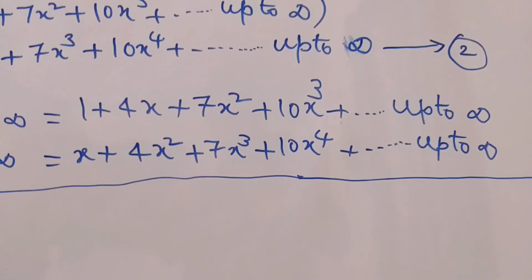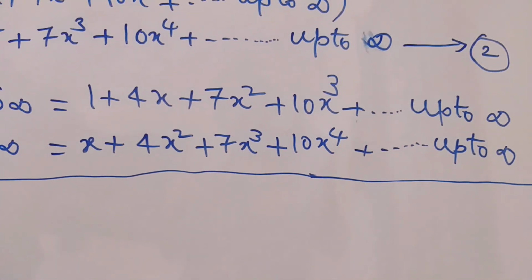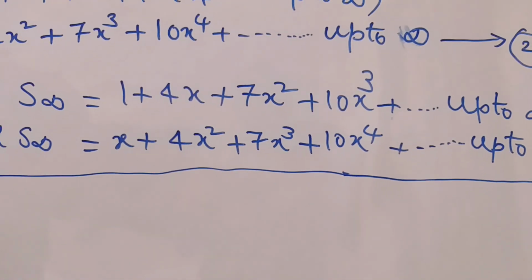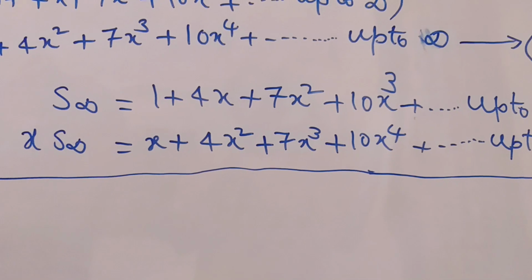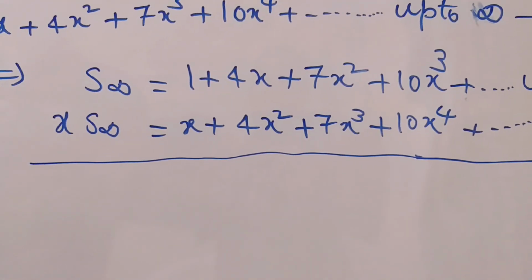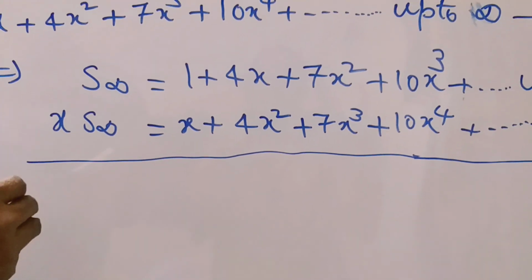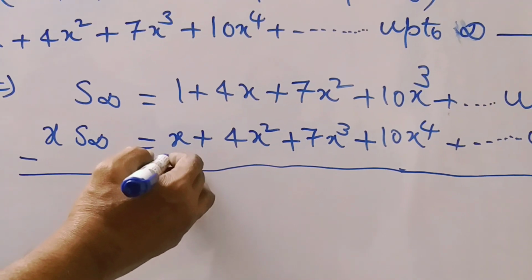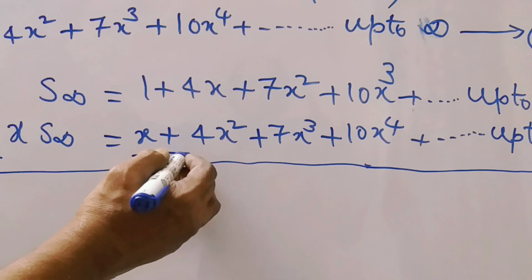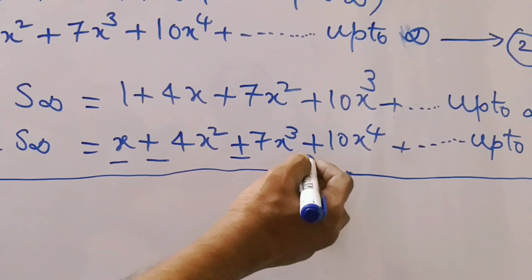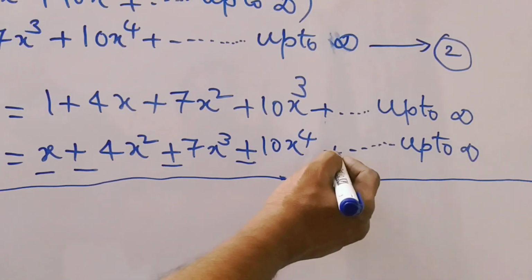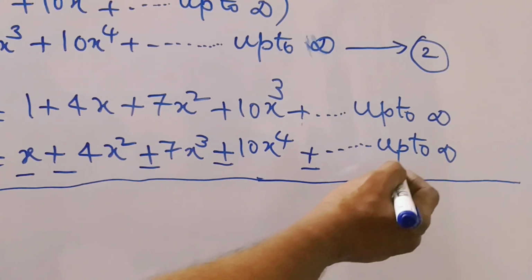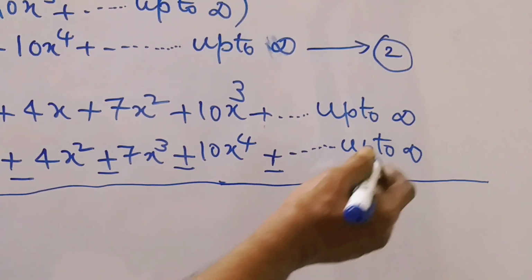When we subtract these, the algebraic signs change. Plus becomes minus, minus becomes plus. So here plus becomes minus, and so on up to n terms.